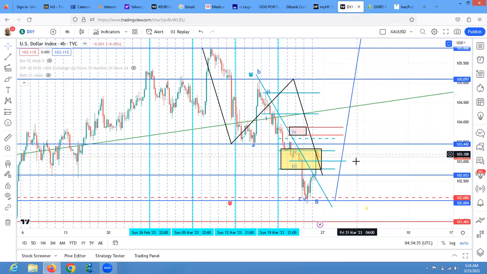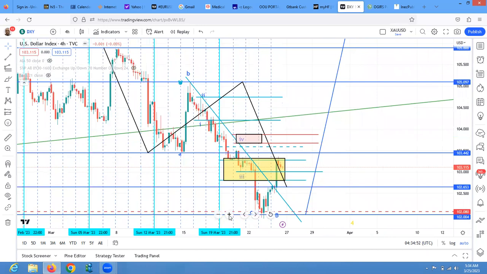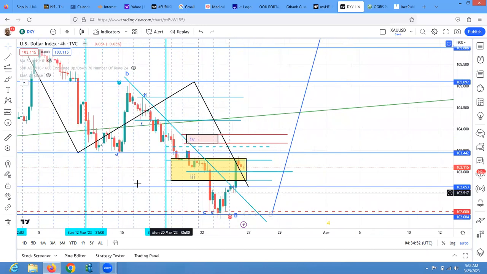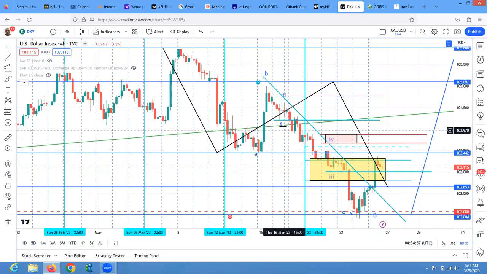50 was not respected. 61 was not respected. 76 was violated. Even though it ran in clear 5 waves. You can see it ran in clear 5 waves. Let's look at the internal structure. To me, it ran in 5. This is 1, this is 2, and this is 3, and this is 4, and this is 5.